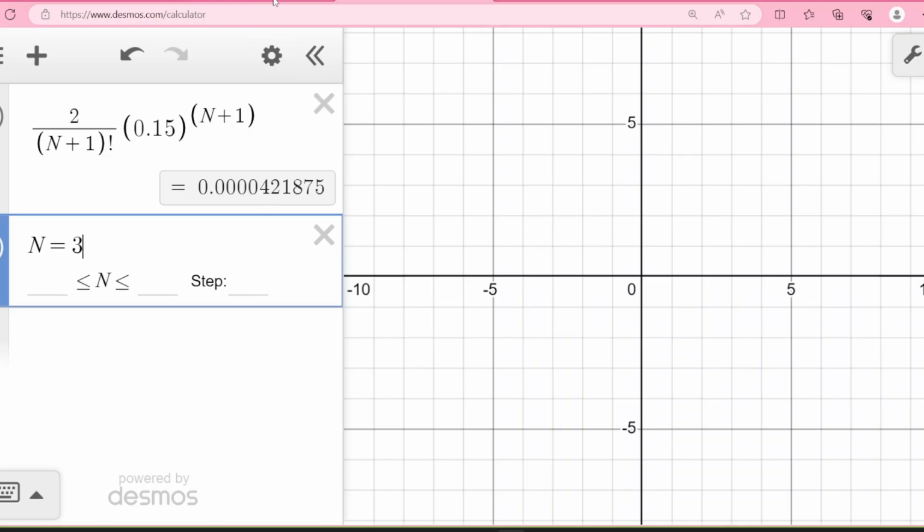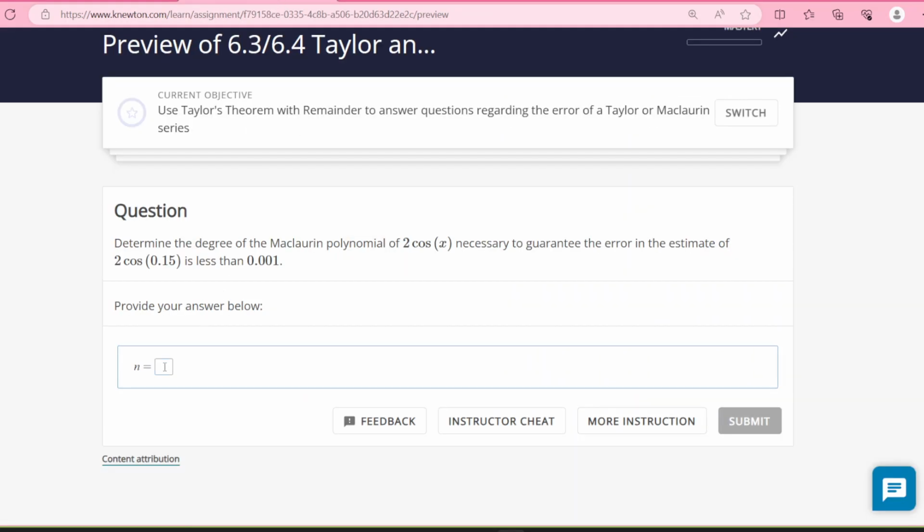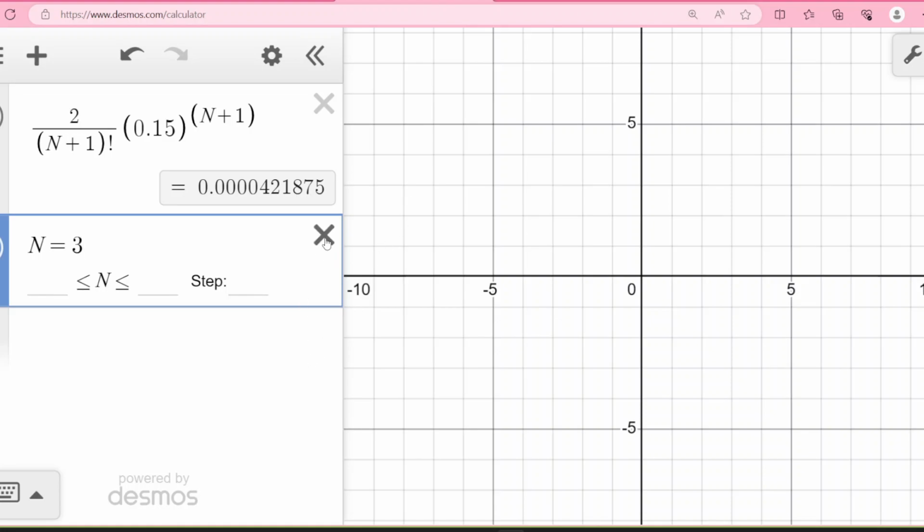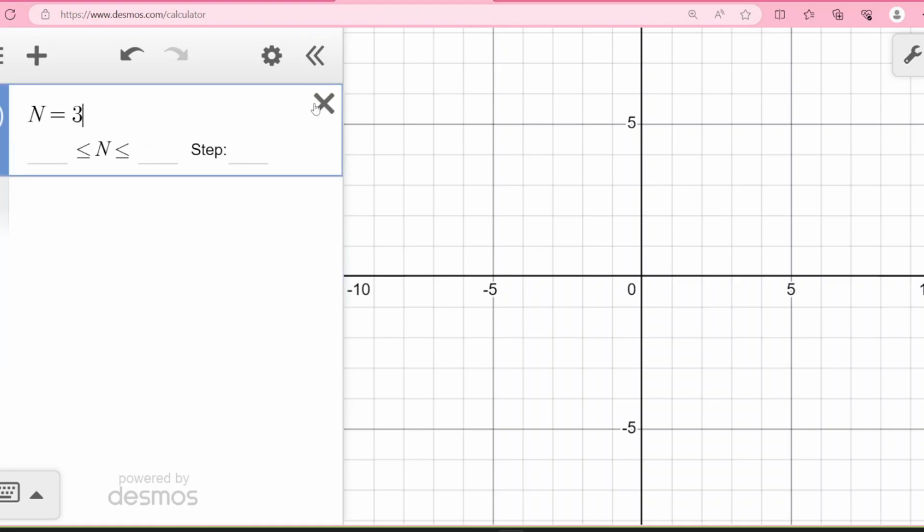So 3 is the answer. So back here, put in 3. And let's just double check too, before I submit the answer. So remember, 3 is my answer.